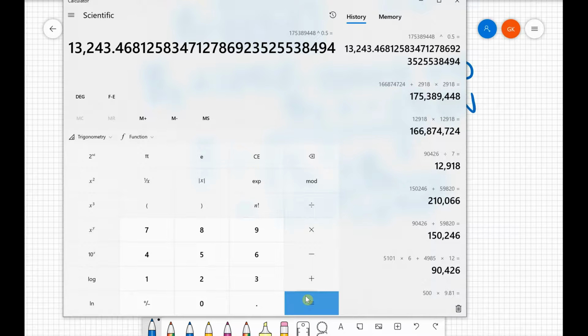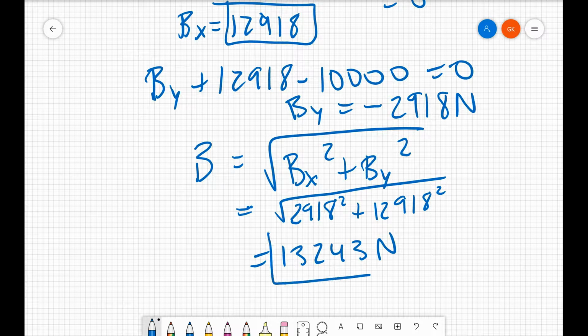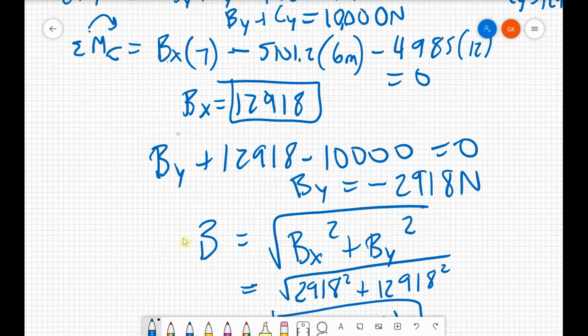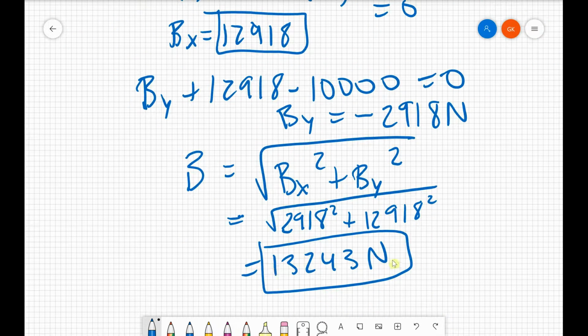It'll be 13,243 newtons. Is that correct? I hope so. If it's not, tell me, I'll give you extra credit. Okay. 13,243 newtons, and we've solved it.